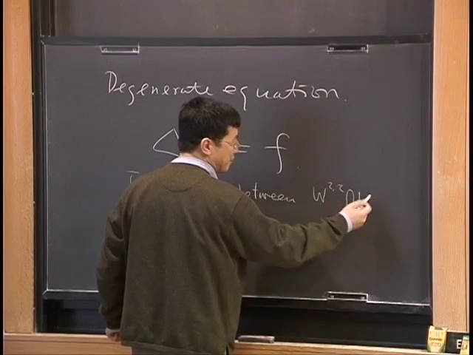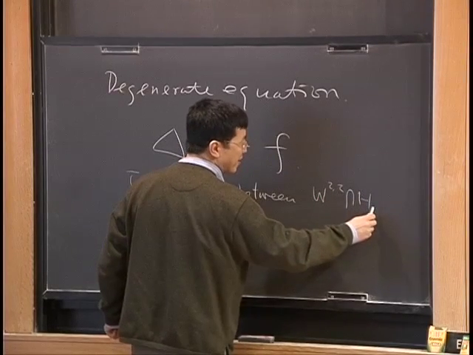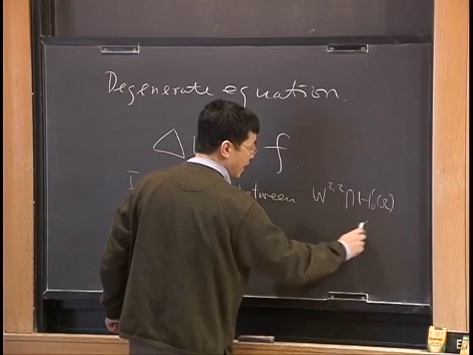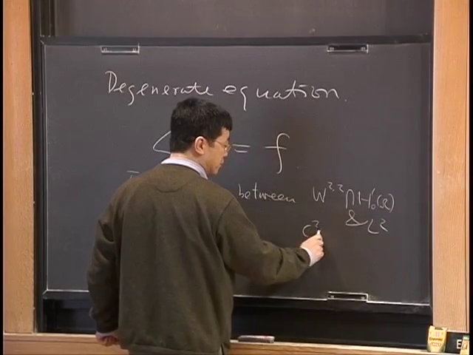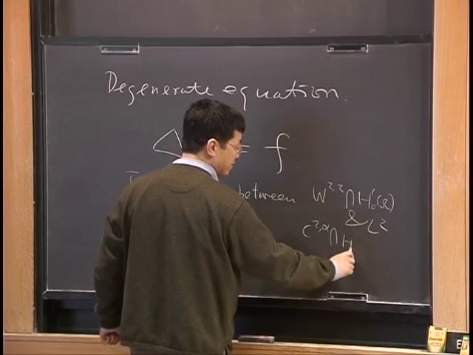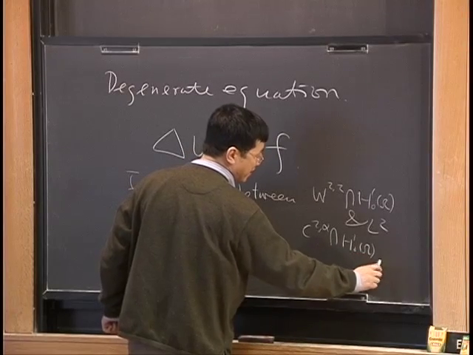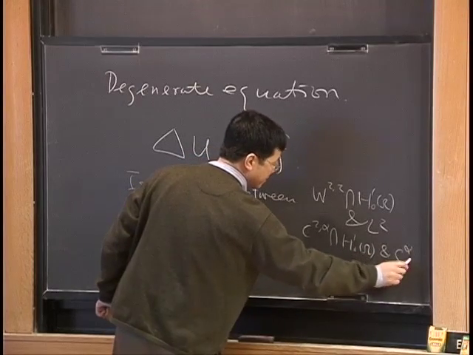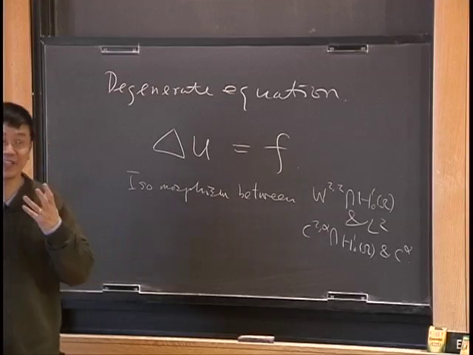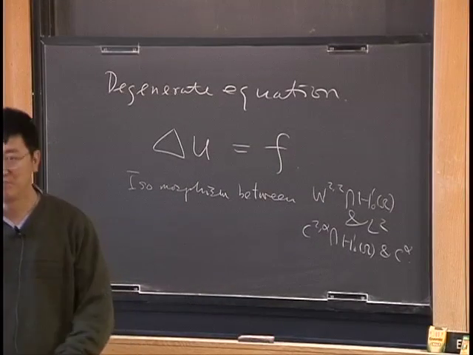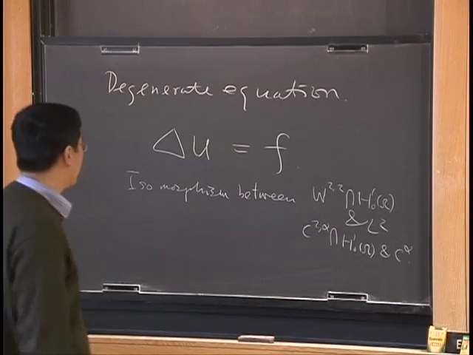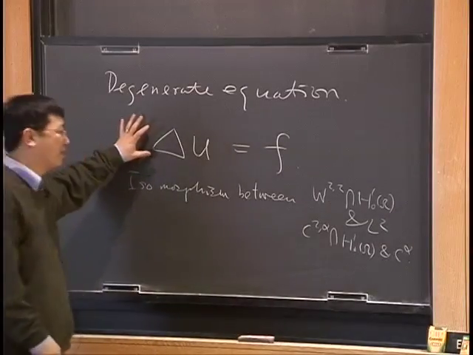You have to use some kind of boundary condition, with L2 or C2 alpha intersected with this thing, any boundary condition, and C alpha. It's really good. It's an isomorphism. So once you see that, you can do a nonlinear perturbation of this.